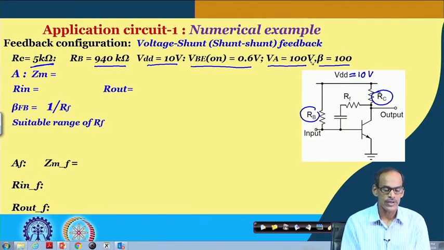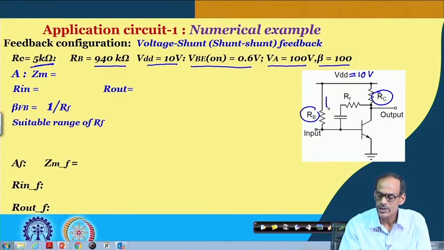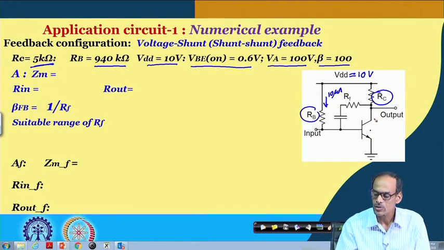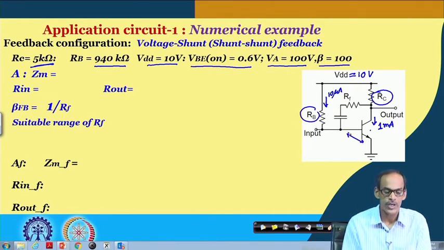Early voltage of the device, let us assume, is 100, and beta of the transistor, the current gain, is 100. With this information, quickly we can say that the DC current here is 10 microampere, and the beta is 100. So we can say that the collector current is 1 milliampere, and that gives us the R pi and Gm.